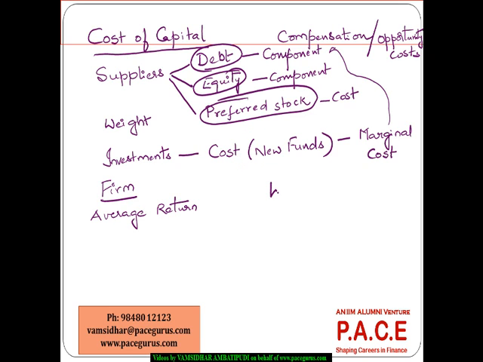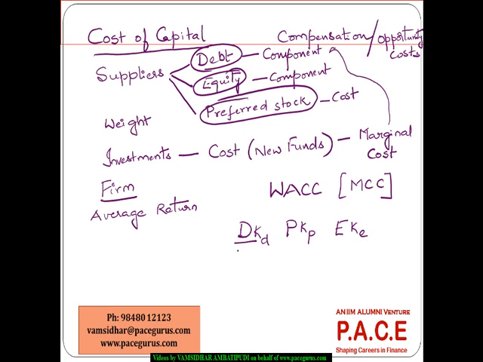That is why we call it the weighted average cost of capital. And in this case, it's also the marginal cost of capital because we are looking at additional funds and the cost involved with them. Depending on how much debt capital, how much preferred stock, and how much equity capital is being raised, we find their weights. We know the costs of each one of them: cost of debt, cost of preferred stock, cost of equity.